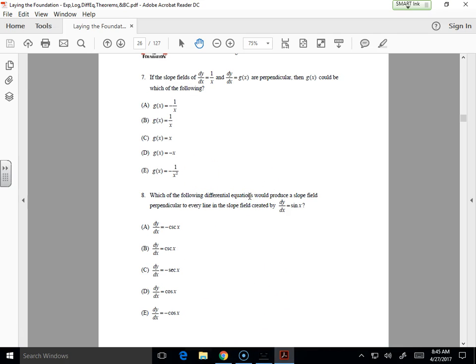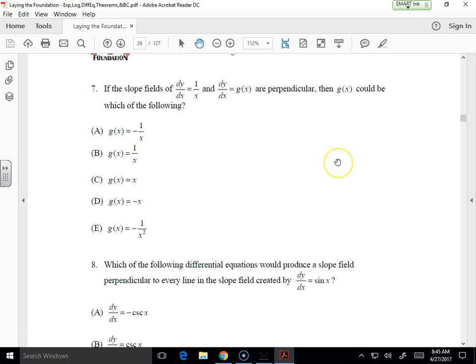Okay. Number 7. What conclusion did you guys come to? T. I feel like it was 2E. So, let's say, perpendicular means what?